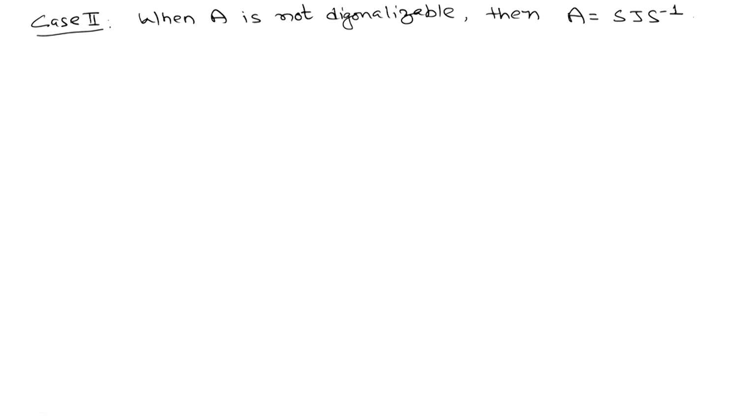Now, consider the second case. In the first case, we considered that A is a diagonalizable matrix, but suppose A is not diagonalizable, then we can use the Jordan canonical form of A for finding the function of A. Case 2, when A is not diagonalizable, then by the Jordan canonical transformation I can write A equals S J S inverse, and how to calculate it you have learned in the previous lecture.